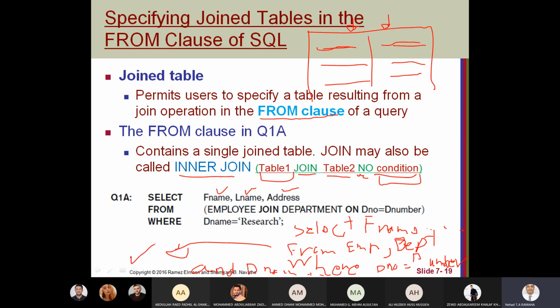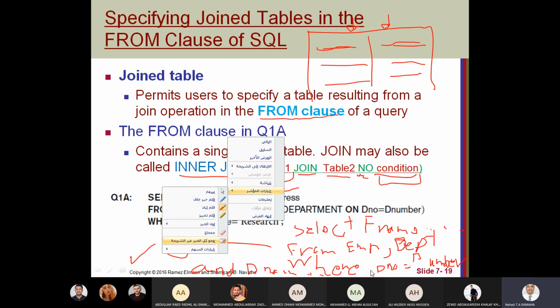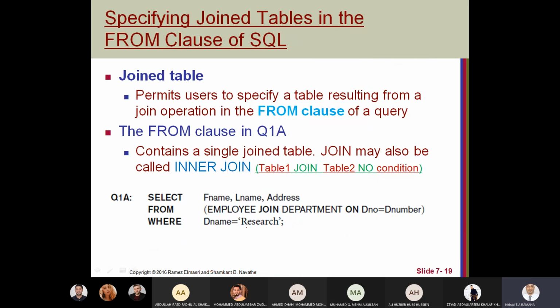Yes, it's actually a join, but without using the keyword join. Now I'm speaking about using the keyword join. To write the same join, we can use it like this. Get the first name, last name, address for employee join with department.